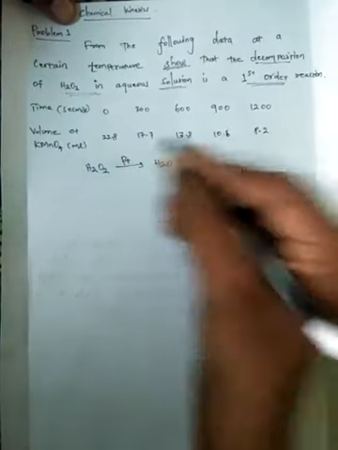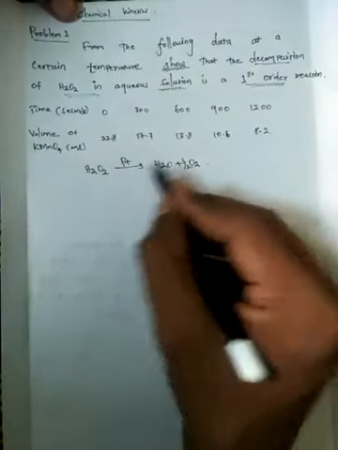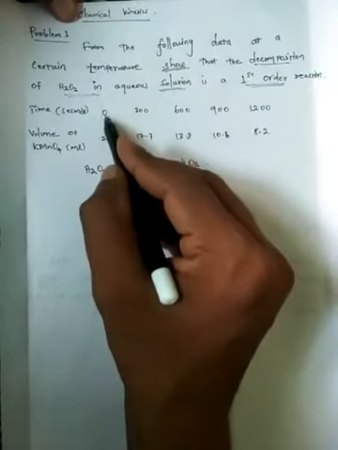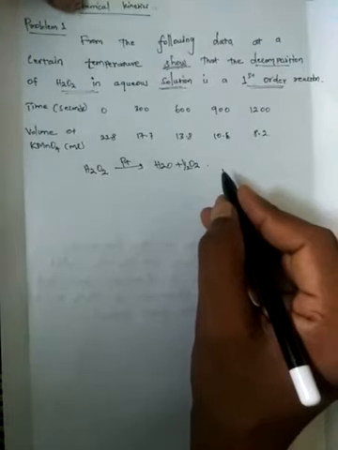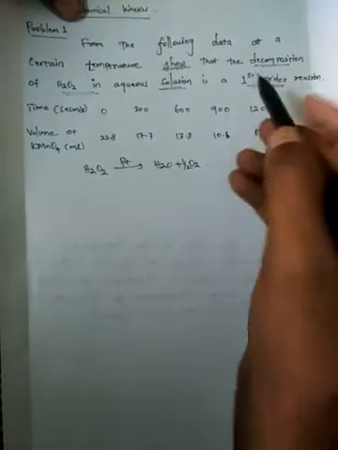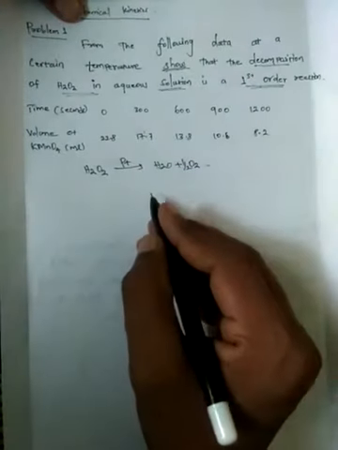Maybe I'll take platinum. So this is a decomposition reaction. You are carrying out this reaction, and these are the observed experimental data. You have to show that this reaction is first order using this data.